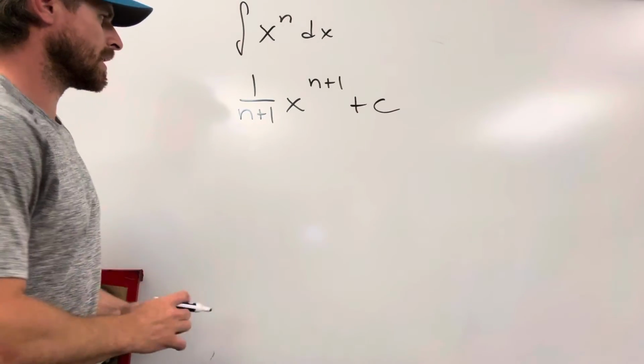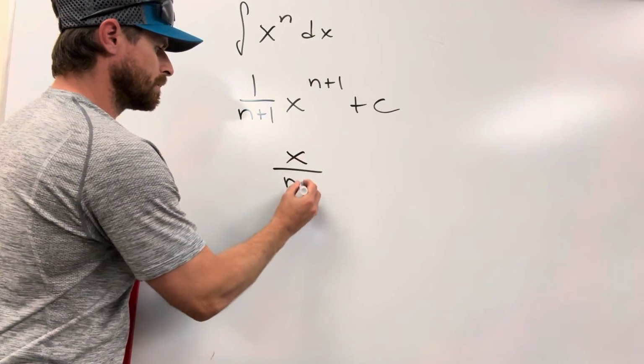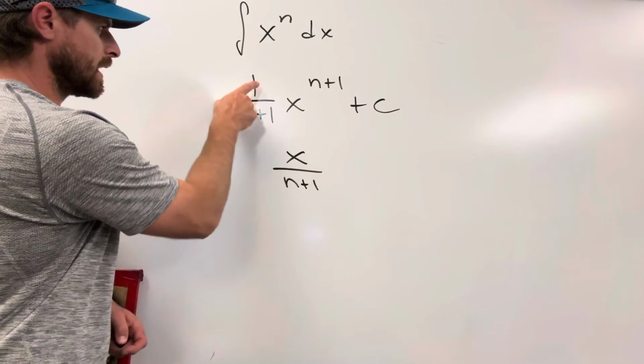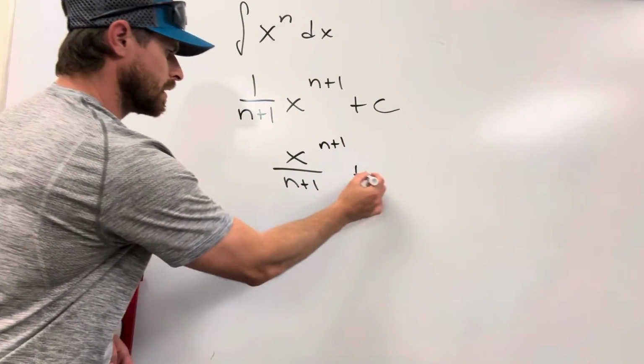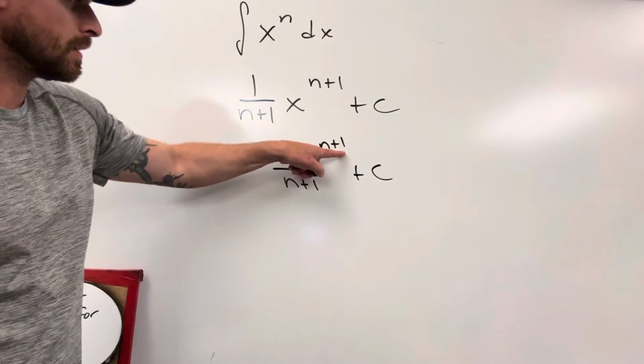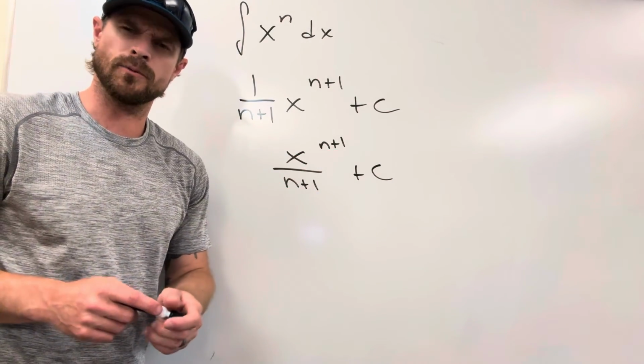Once you get this, you could say, no need to show that 1. Let's just put x on top over n plus 1. So just moving that to the top, n plus 1 plus c. You can't really simplify this because a variable can't add to a constant, and we all know that by now.